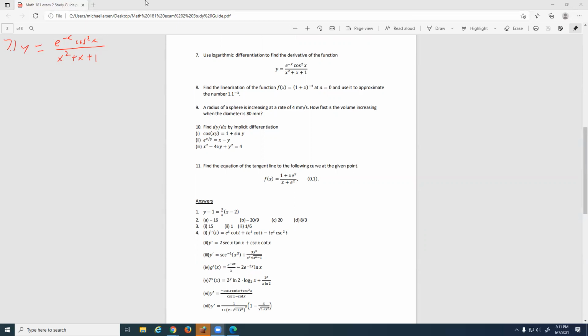Multiply both sides with a natural log. Close. I guess you could think about it like that, but the real thing you're doing here is taking the natural log of both sides. So we're taking the natural log of y, and we're saying that's equal to the natural log of all this stuff on the other side.